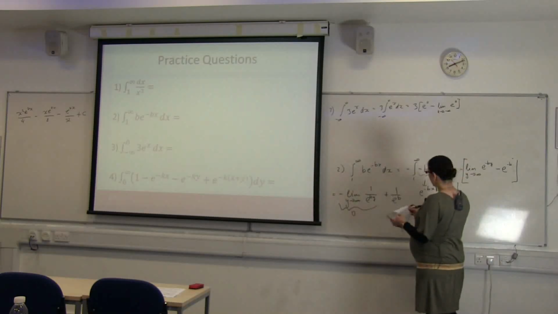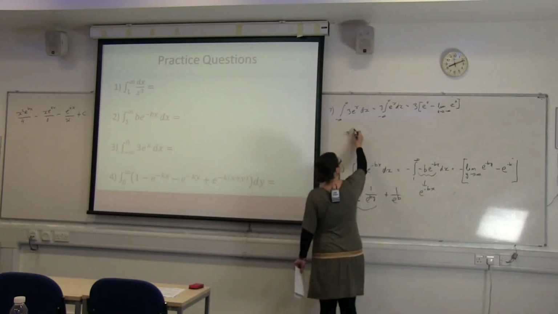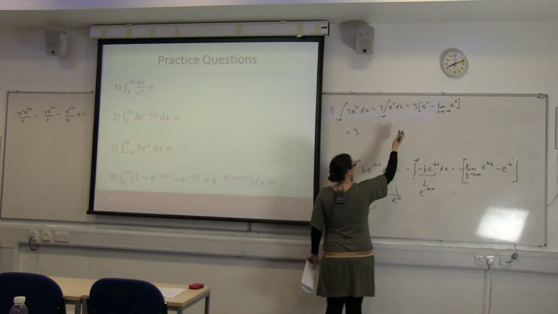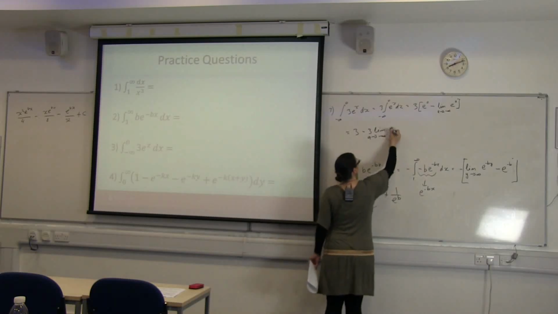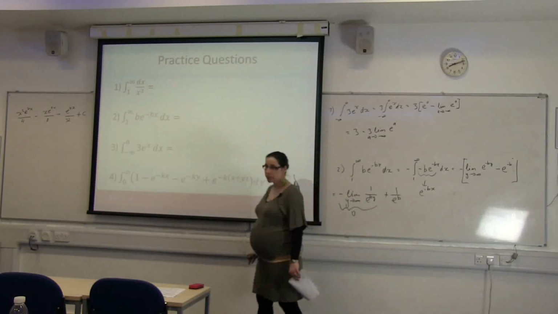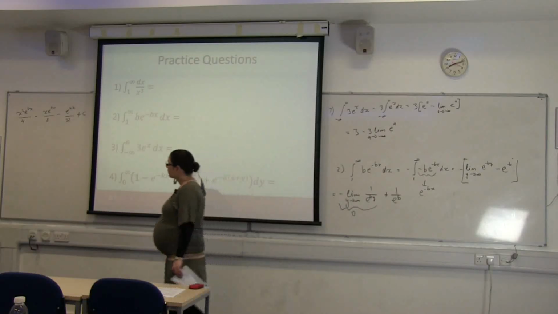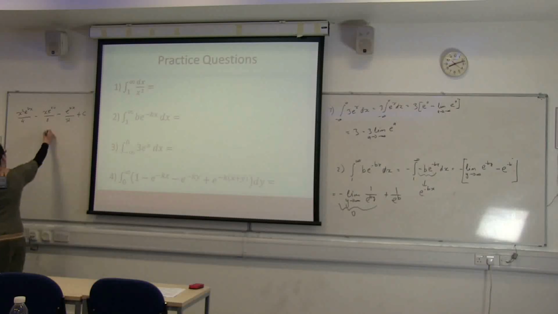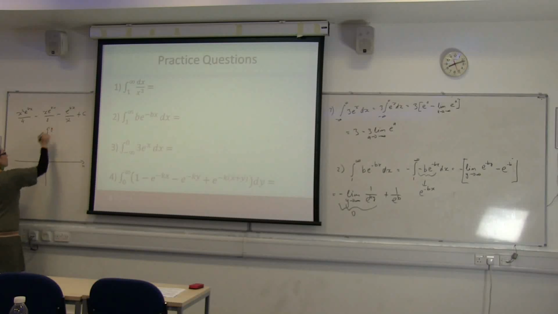So, what is going on in here? That is 3 times e to the 0, which is 1, so that's just 3, minus 3 times the limit as a tends to negative infinity of e to the a. Now what is this limit? What does your e to the x function look like?